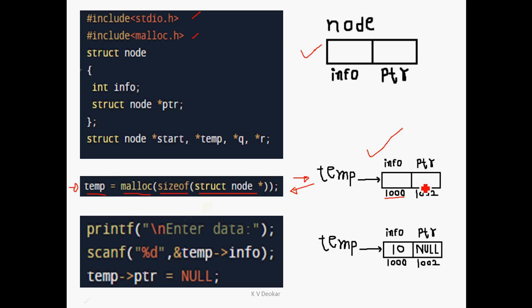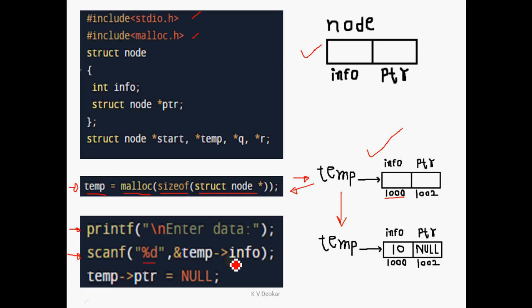Now the next step is to fill the info part with some data. We'll ask the user with the help of printf and scanf statements to enter data. The user will enter the data and we'll scan it with the scanf function. We are using %d, which means an integer value, and we'll store it in the info part of the temp variable.